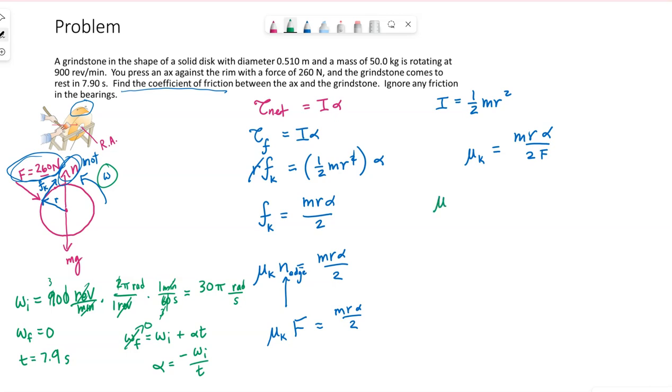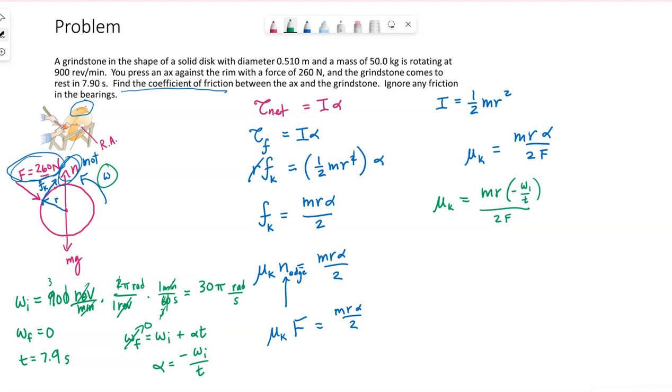Ultimately, when we come over to plug in for mu, if we plugged in omega initial over t, the negative, which is valid, we would end up getting a negative answer for mu, which is not valid. So if we think through this negative sign, hopefully it makes sense. Angular acceleration has to be opposite the velocity, the angular velocity specifically, to slow it down.